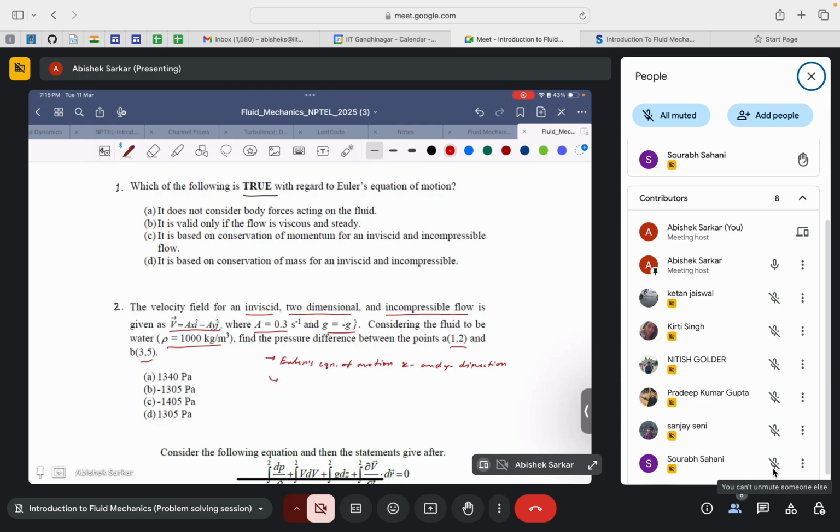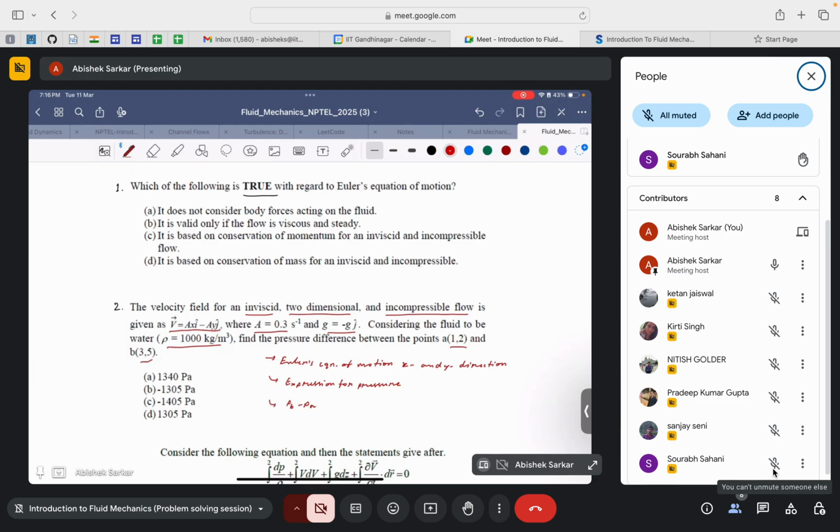Then try to find the expression for pressure, and then find PB minus PA. You need to go through these steps in order to find it. You cannot apply Bernoulli's equation here, so you need to go through these steps. Okay.